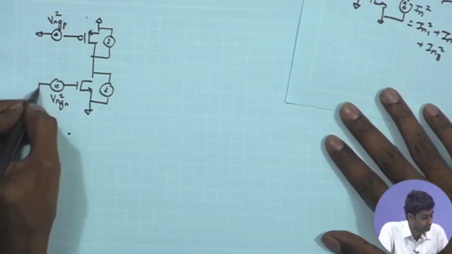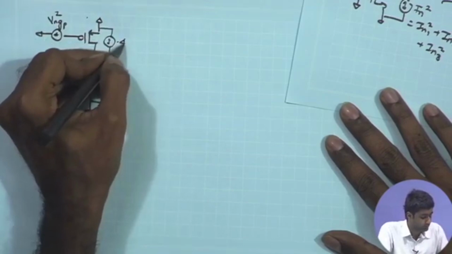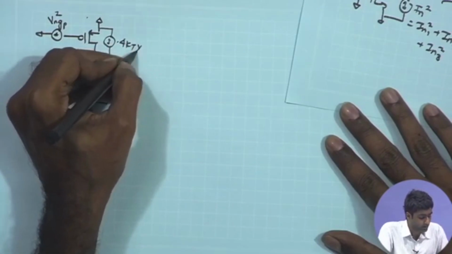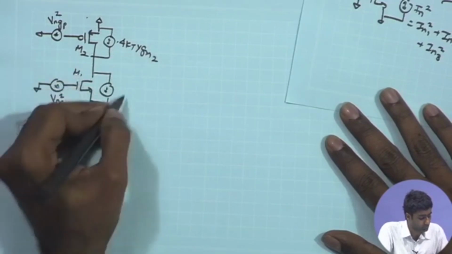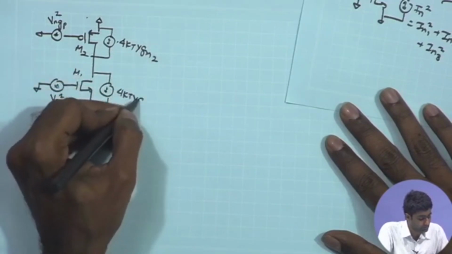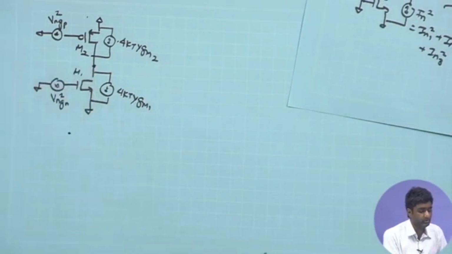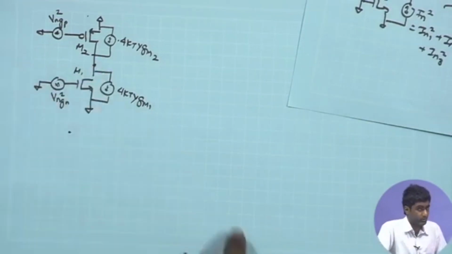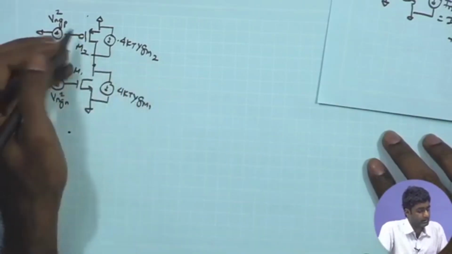I am just denoting these terms, and the channel current we know is 4 kT gamma GM2, if I call this M2 and this M1. Likewise here you have 4 kT gamma GM1, and by doing a similar analysis we need to find out the output noise voltage, or mean square voltage, over here.